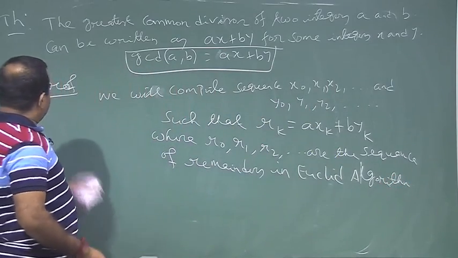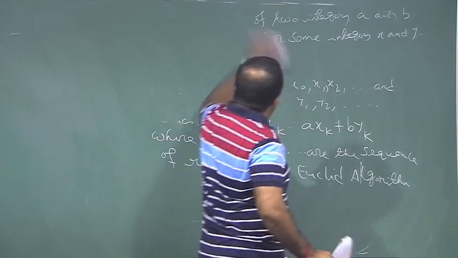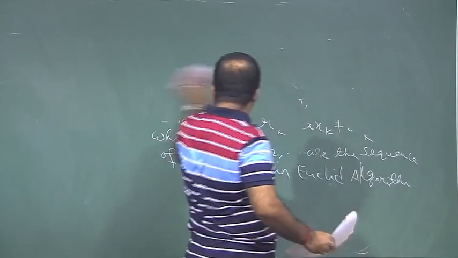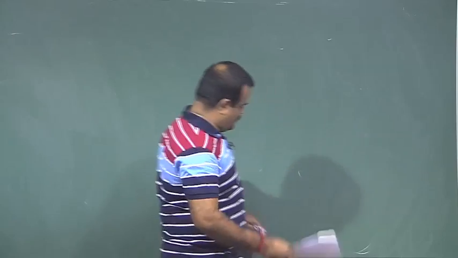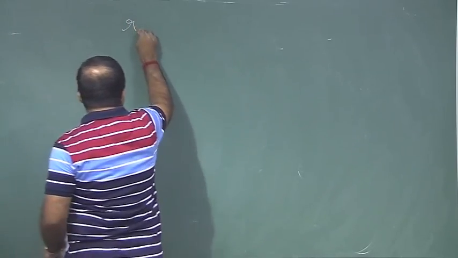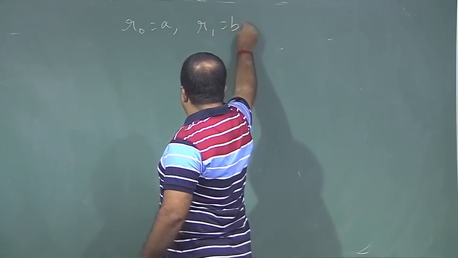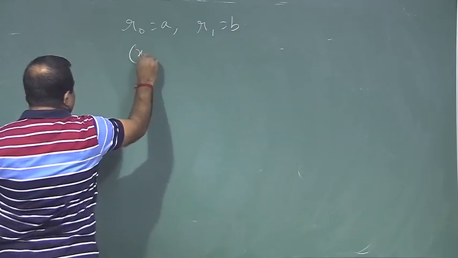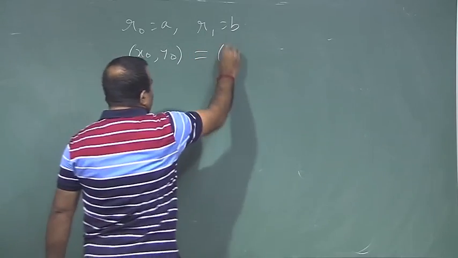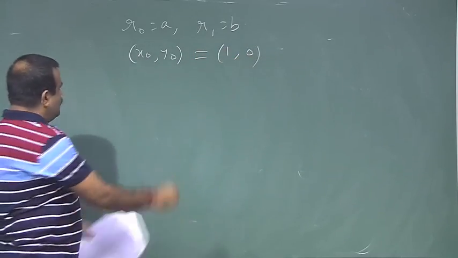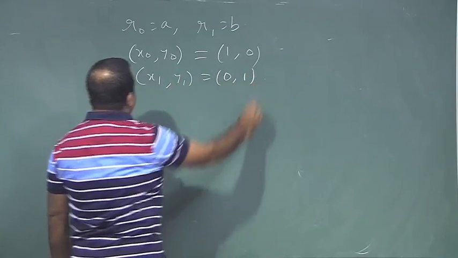In the Euclid algorithm we start with A and B. So, R0 is equal to A and R1 is equal to B. This is the initial case, and x0, y0 is basically 1, 0 and x1, y1 is basically 0, 1.